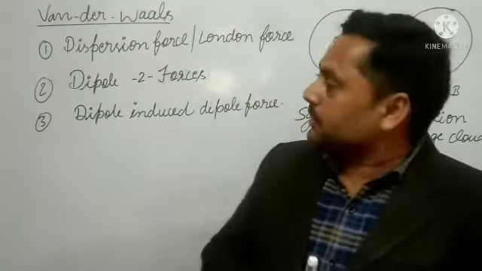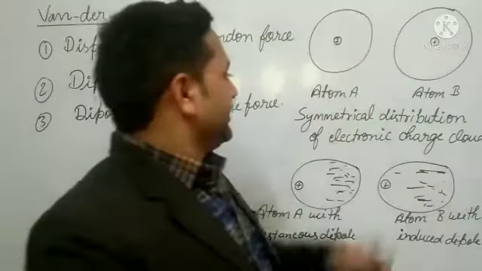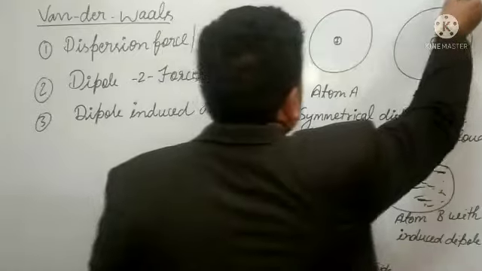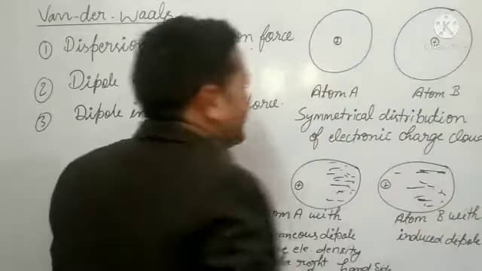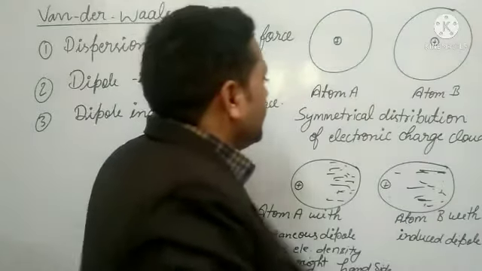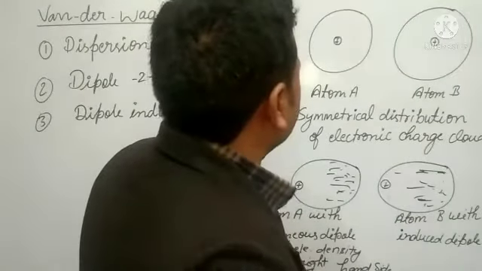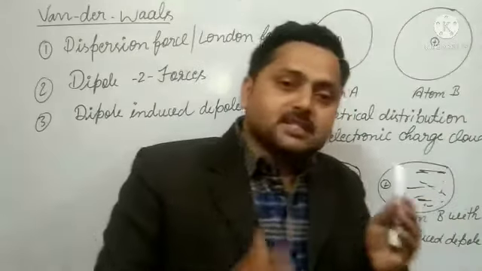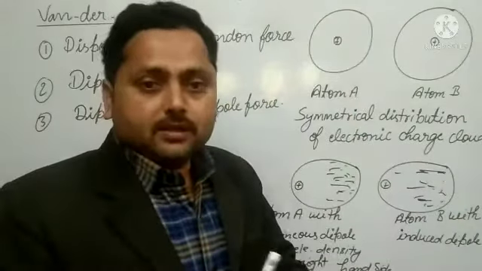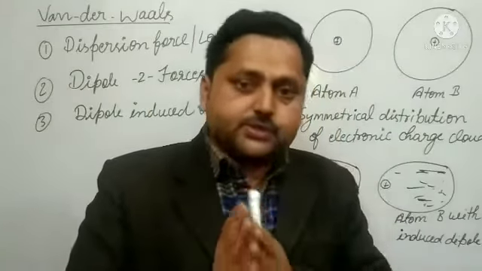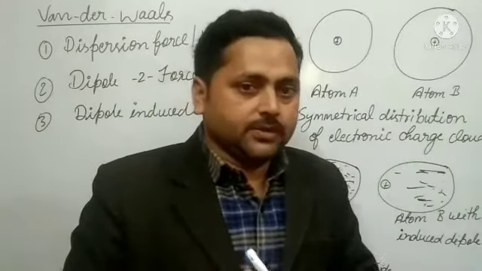The story relates to this. These are the two friends A and B, which means these are two atoms. They are symmetrical, meaning the charge is distributed similarly over the atoms.